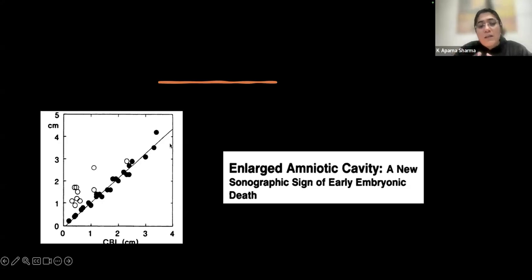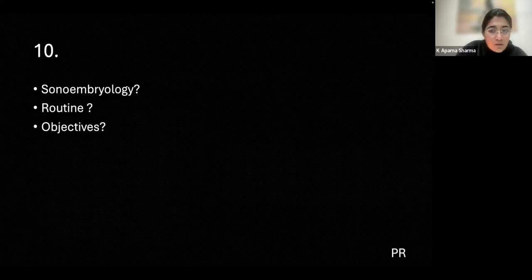If it is excessively enlarged, or a very big amniotic cavity, that is again a very soft kind of sign that we might want to look at. This is all for the purpose of knowing things, but it is to be seen as a finding and then correlated with how the pregnancy is going on in the first trimester.